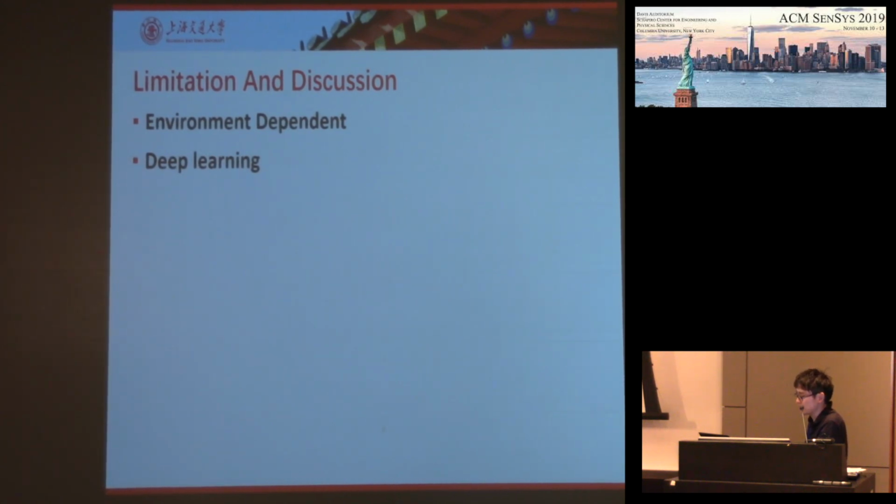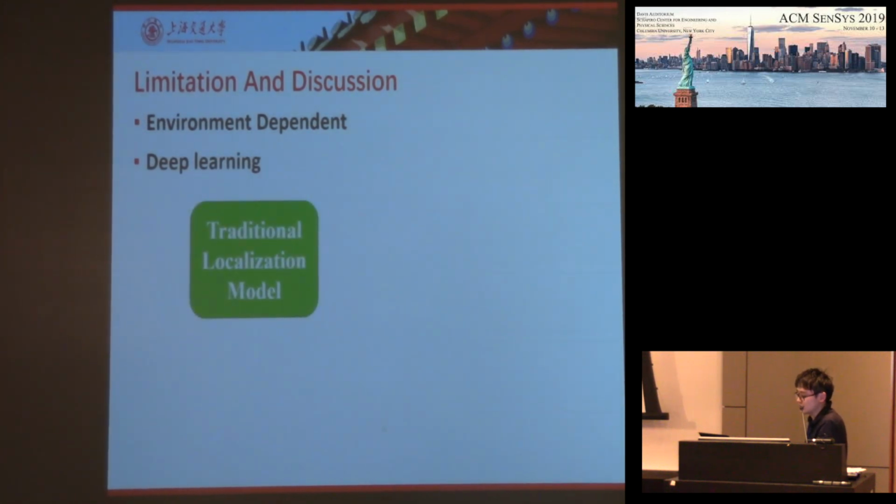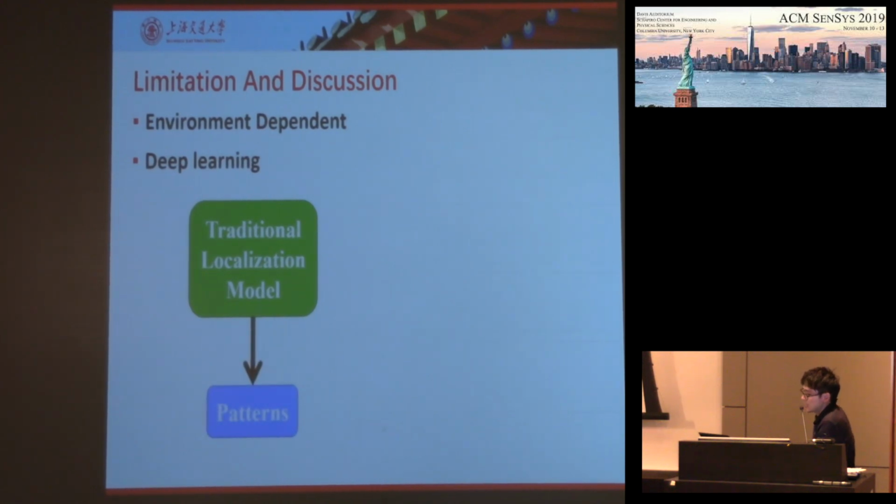But I think in this work we make a good investigation of an important idea. In the traditional localization models, there are sometimes many useful and important patterns. And existing studies do not use these patterns, or traditional algorithms fail to utilize them.